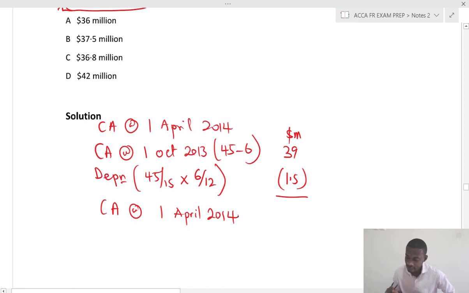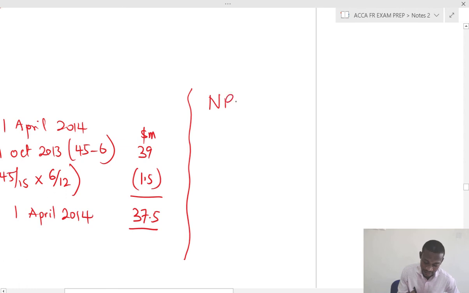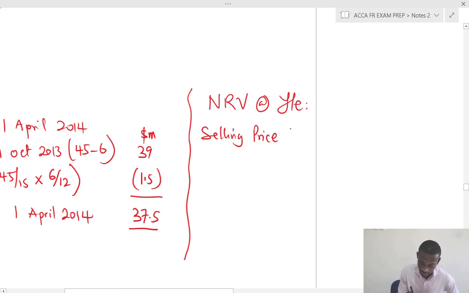Now, the other point to look at is to determine the net realizable value, which will be the selling price. Earlier, the selling price we were told was 42 million, but at the year end, they can only achieve 90% of that.